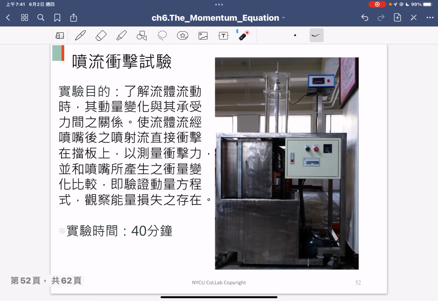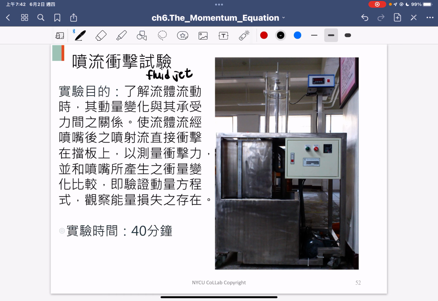Okay, so according to the knowledge of the momentum equations we have now, next semester we have the fluid mechanics laboratory experiment related to the fluid jet. So that's the problem related to the fluid jet.